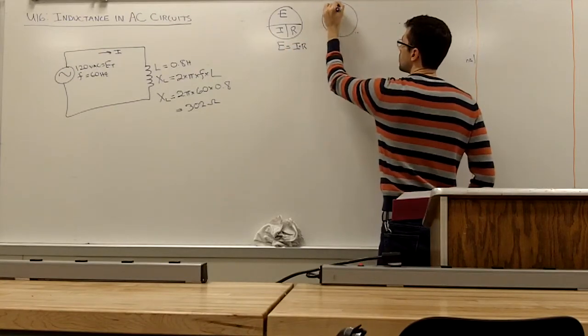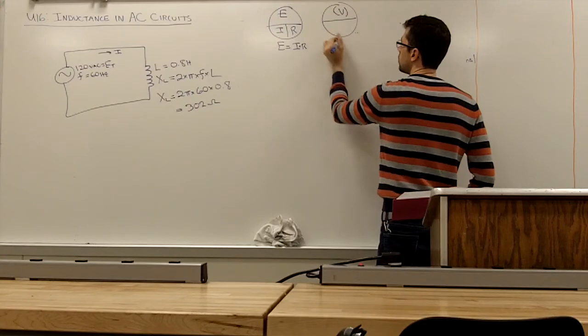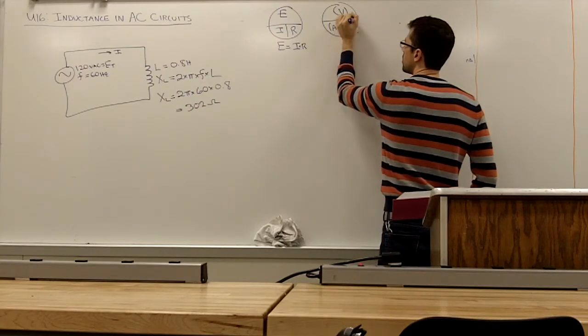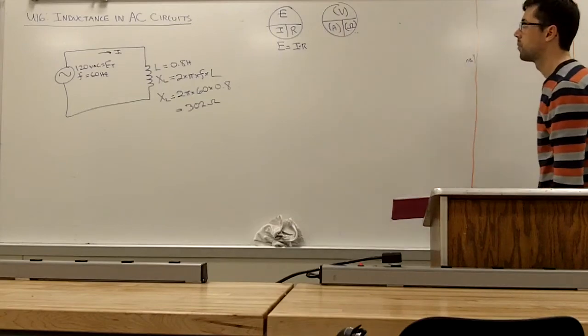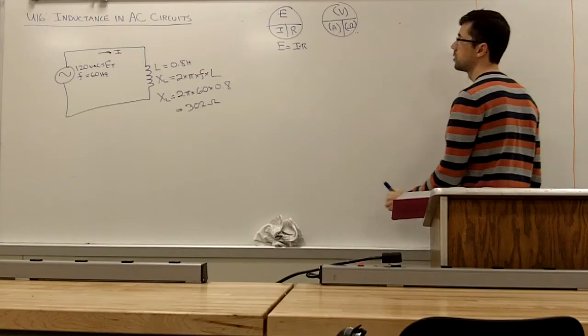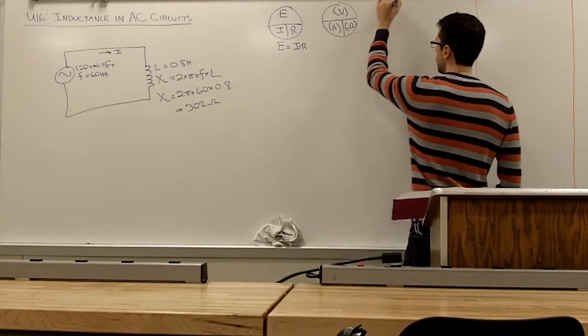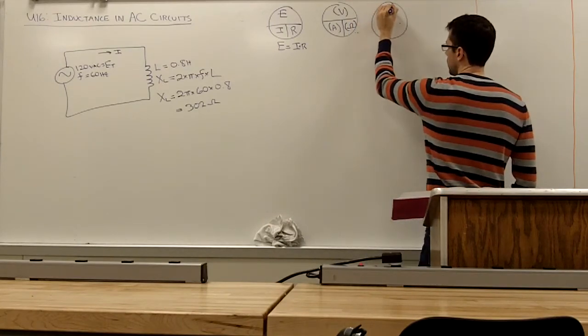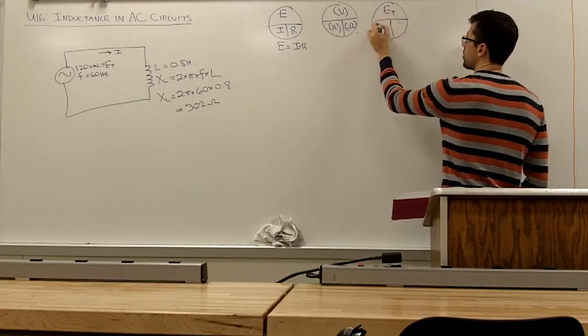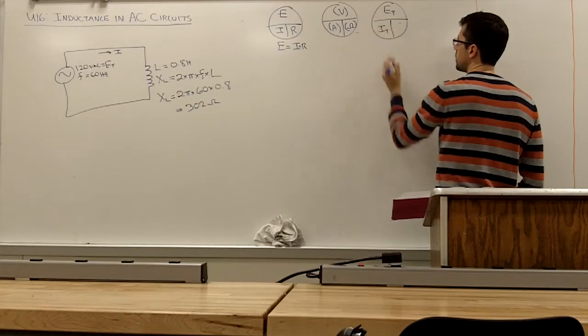So units of volts is equal to units of amps times units of ohms. So if I have a total circuit voltage here of ET, ET has units of volts. I'm trying to find the current of the circuit, IT.